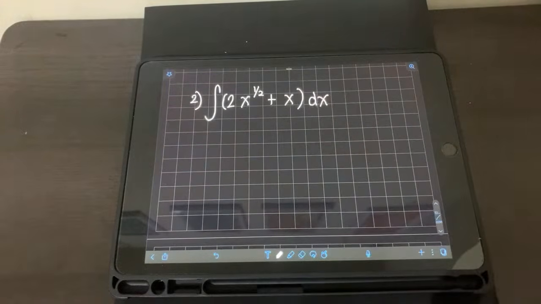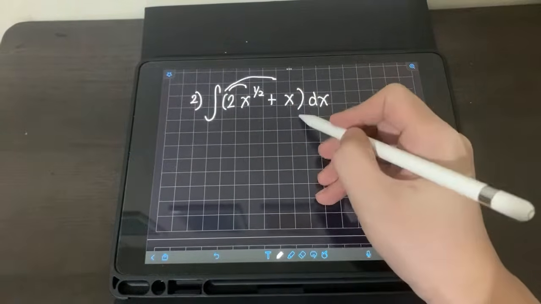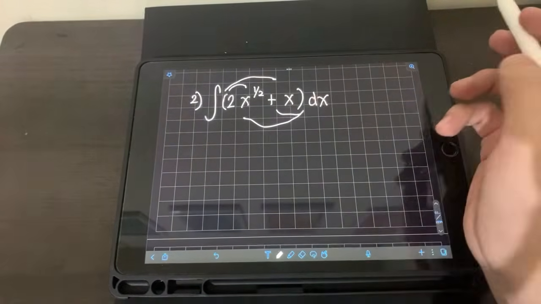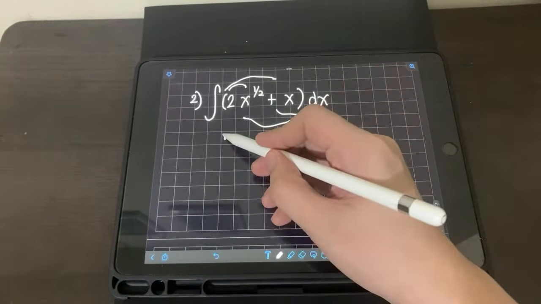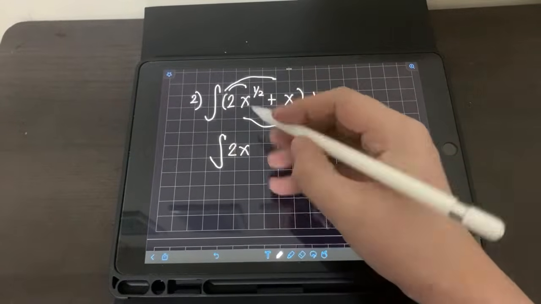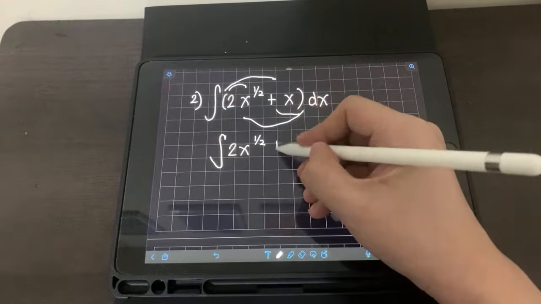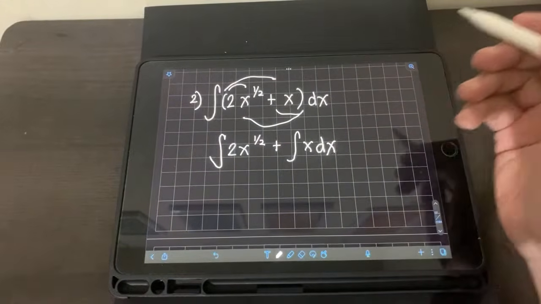So, we can distribute the integral symbol together with the dx. So, we can integrate term by term. Okay? So, we can have integral of 2x raised to 1/2 plus integral of x dx.